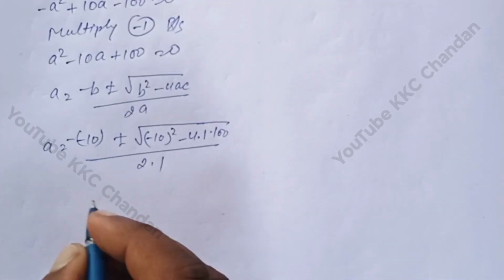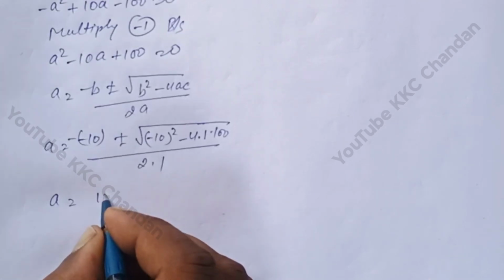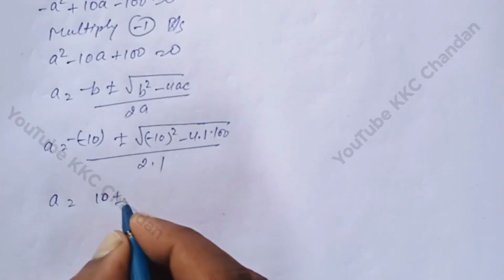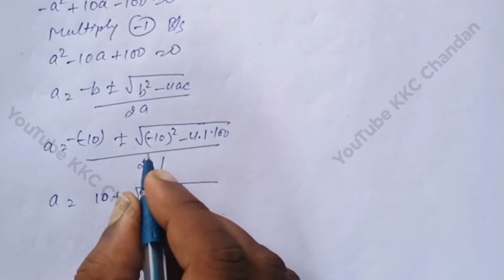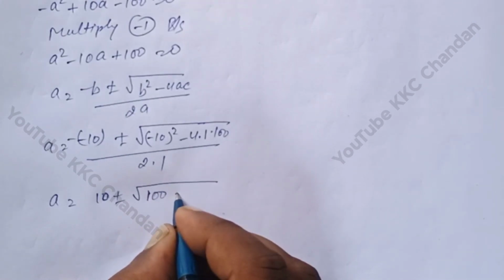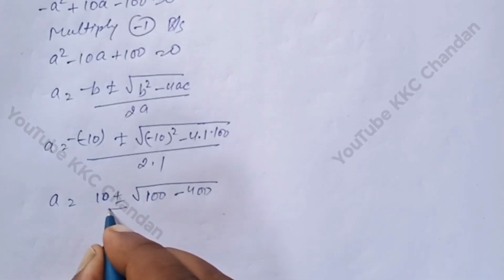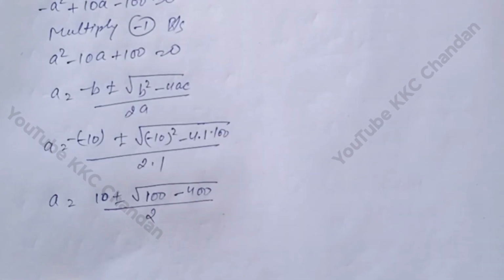After the next step, see here, a is equal to minus minus plus 10 plus minus root under minus 10 square, means 100, minus 4 into 100, 400, divided by 2.